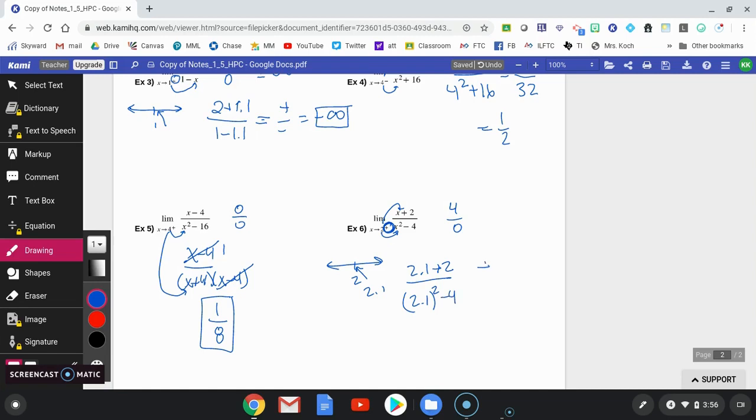So this guy is going to be a positive over, well, 2 squared is 4, so 2.1 squared is bigger than 4, and 4 minus 4 is going to be a positive number. If you don't like that, then by all means, just go ahead and factor this x plus 2, x minus 2, and then plug your 2.1 in there. So you certainly can do it that way to say, oh, I would have a positive here and a positive here, and end up with a positive infinity, or just infinity.